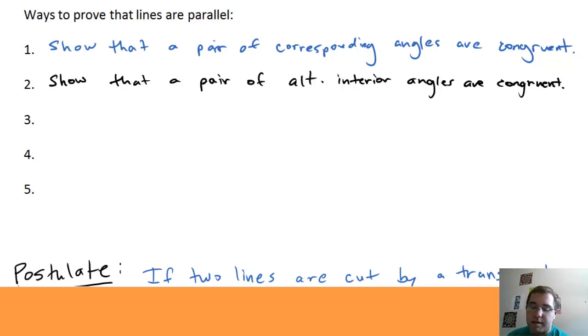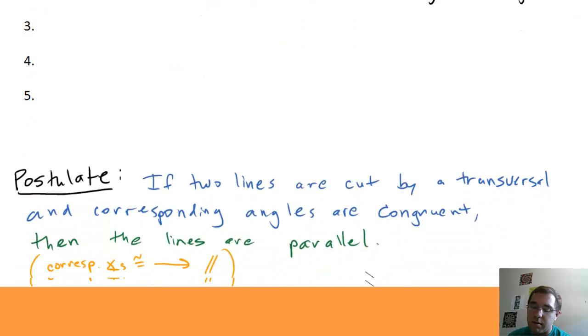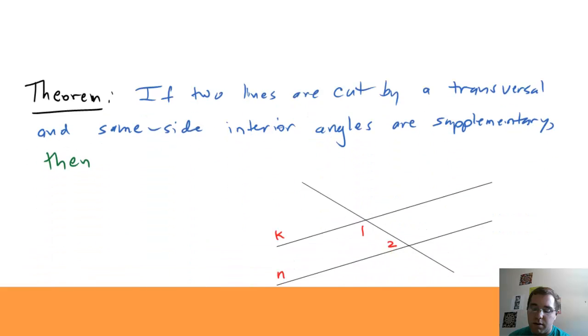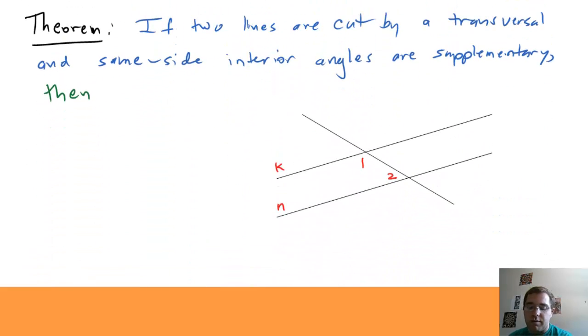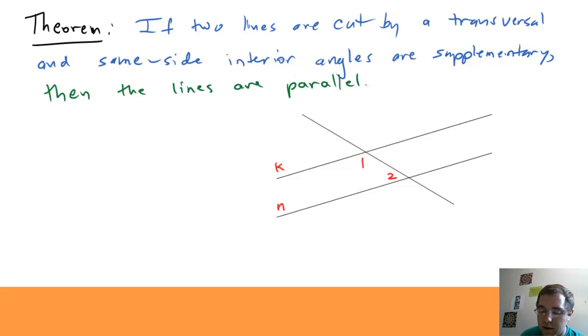Okay, that's a second way. Third way. If two lines are cut by a transversal and same side interior angles are supplementary, then the lines are parallel. Surprise, surprise.